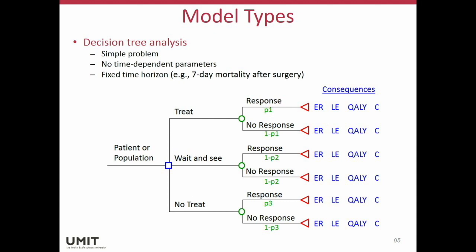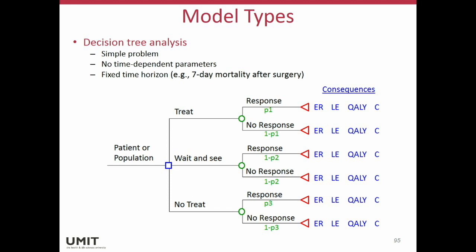These kinds of models you can use for rather simple problems, if there are no time-dependent parameters, and if the time horizon is rather short and fixed. So when you focus, for example, on 7-day mortality after surgery.